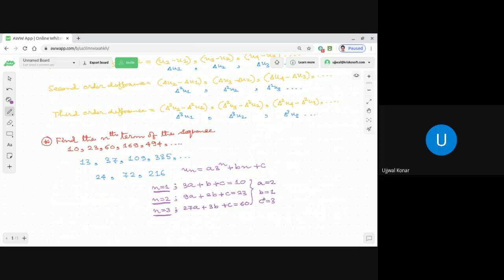As you get this, it is quite simple to find the nth term. Just apply all these values.